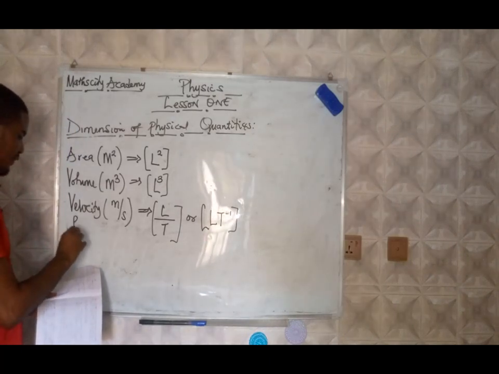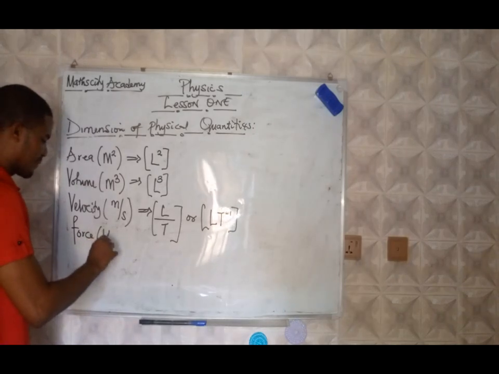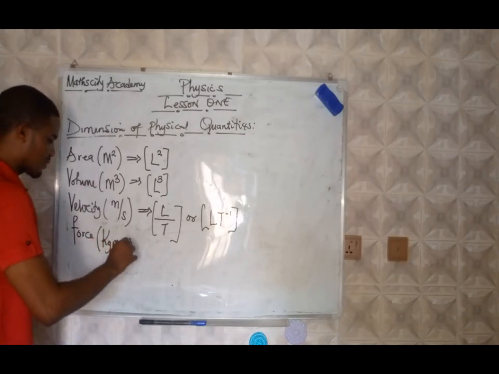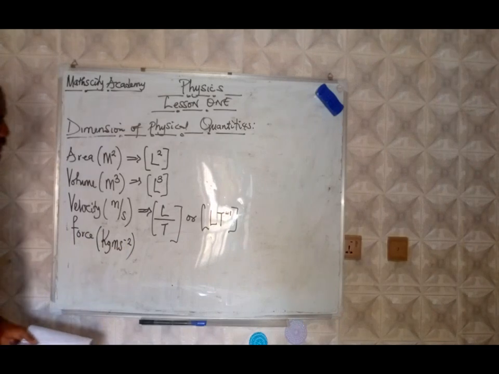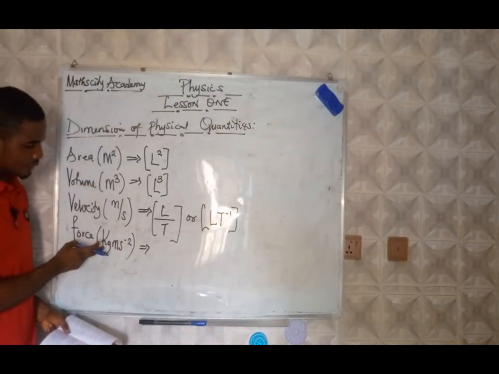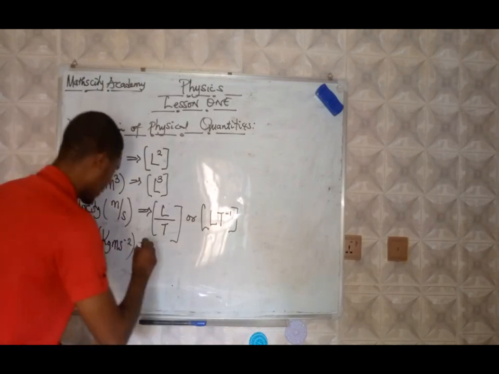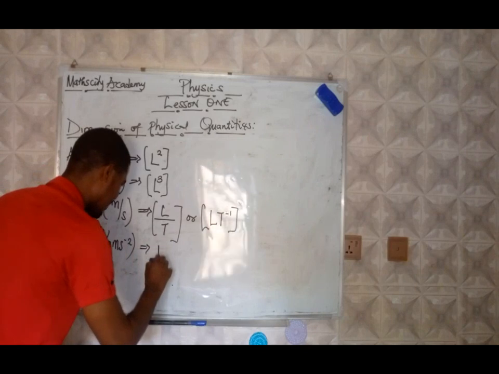Force. What is dimension for force? Remember that force is measured in kilogram meter per second square, which we also call Newton. Now, I want to get this dimension. Kilogram in the basic fundamental belongs to mass. So I'm going to be having M there.